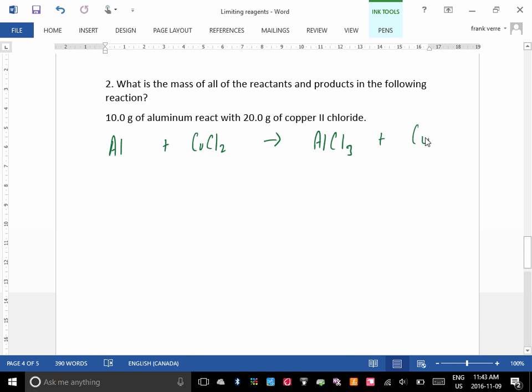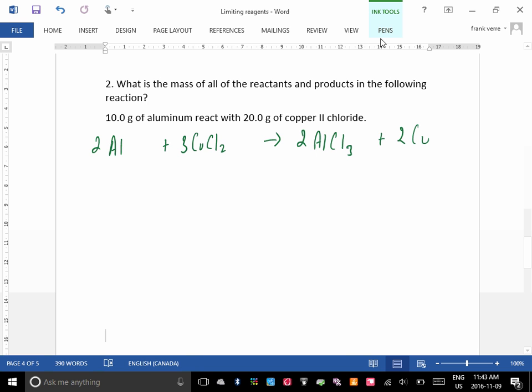Okay. So, balance it out. Okay. So we have the molar ratios now for aluminum, copper 2 chloride, aluminum chloride, and copper.